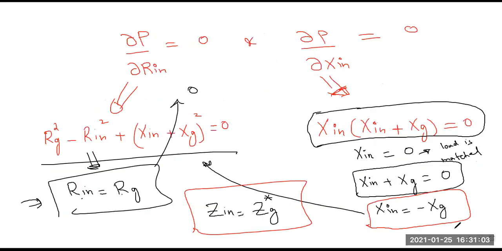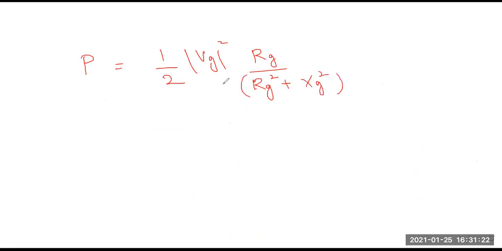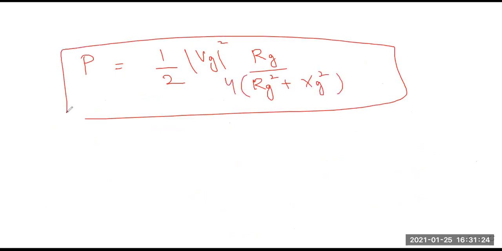so let me write it over here. How much power will be there? It will be equal to 1 by 2 Vg magnitude square Rg divided by Rg square plus Xg square into 4. Sorry, मैंने mistake कर दी.